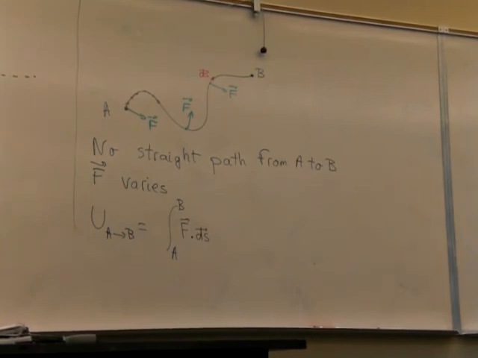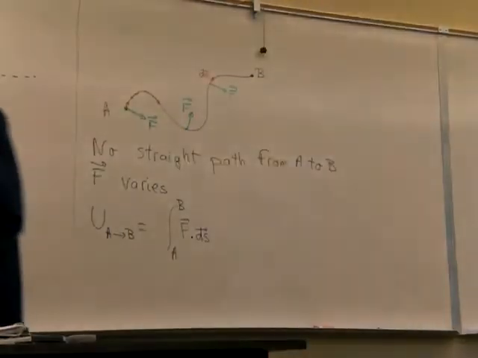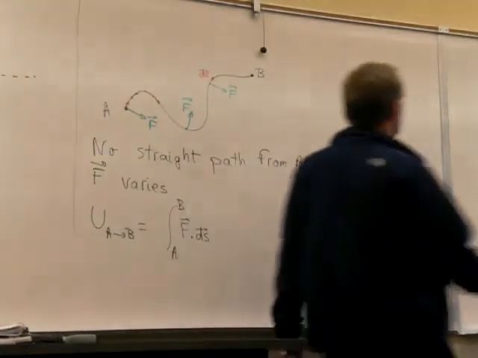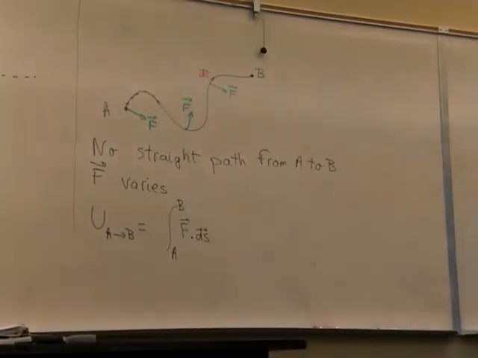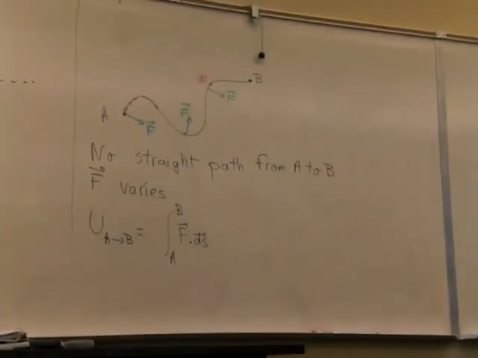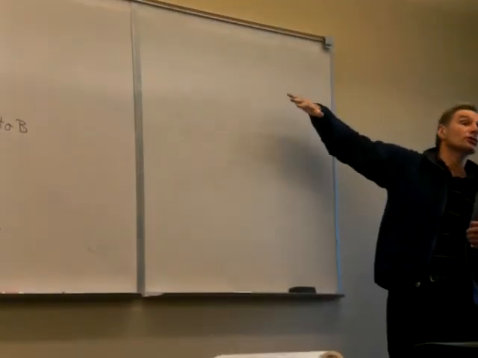Strictly speaking, this is what would happen, for instance, if you had some object that is free falling from a very high point, because we know that the weight actually changes because gravity changes.